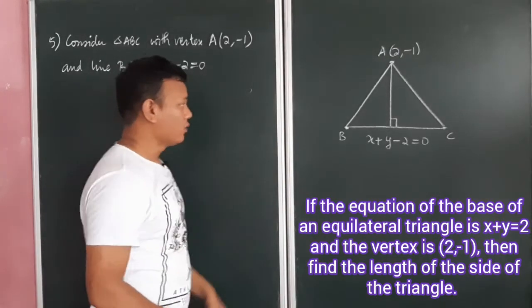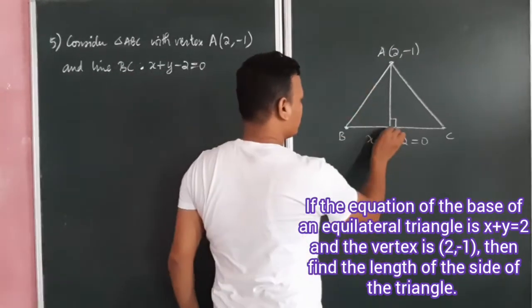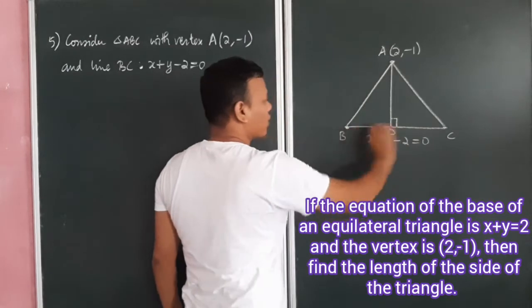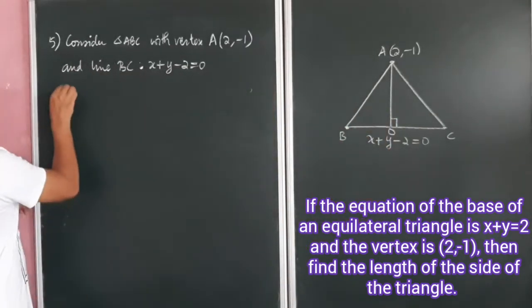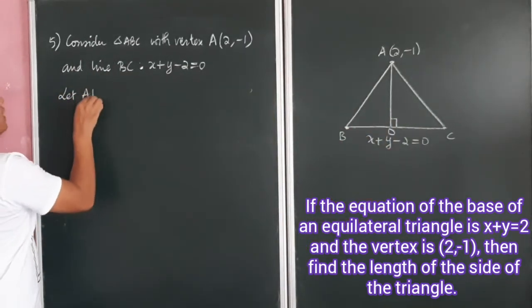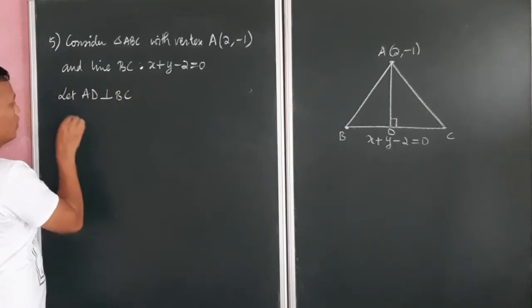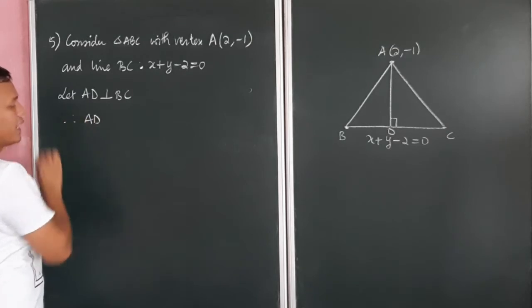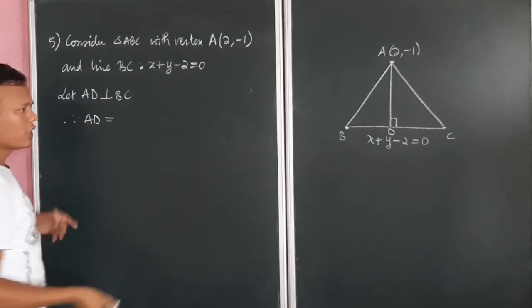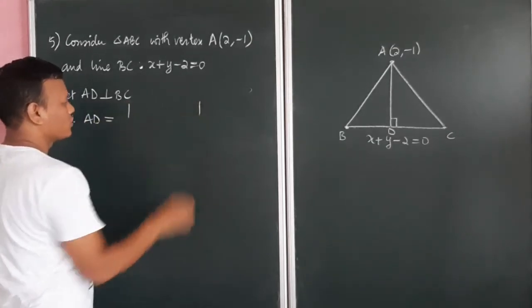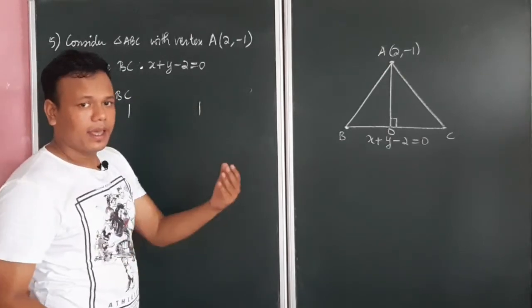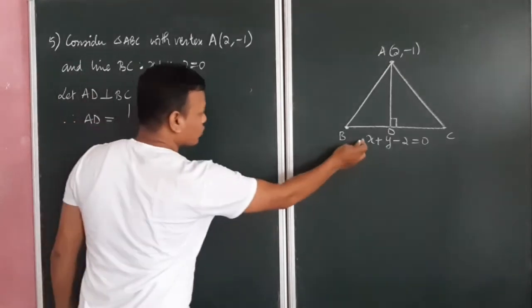Okay, fine. Now let me draw a perpendicular AD on BC. Okay, so let AD be perpendicular to BC. Therefore let us find what is AD. So AD is the perpendicular distance, so that's why this will be equals to modulus of A x1. So how much is A? A is 1, isn't it?